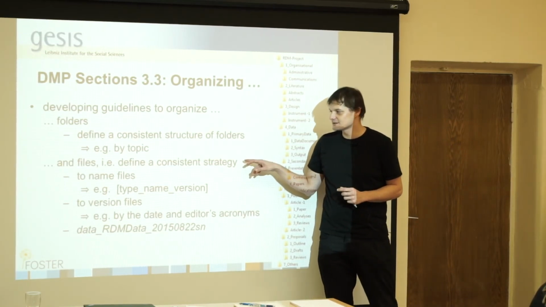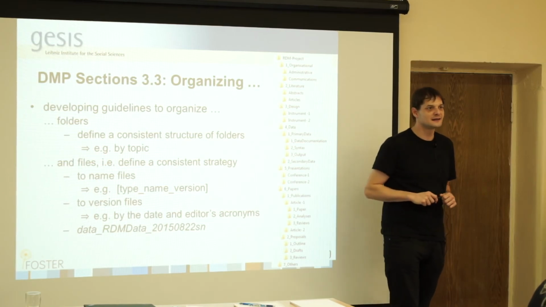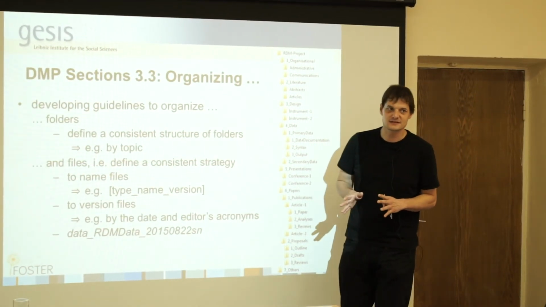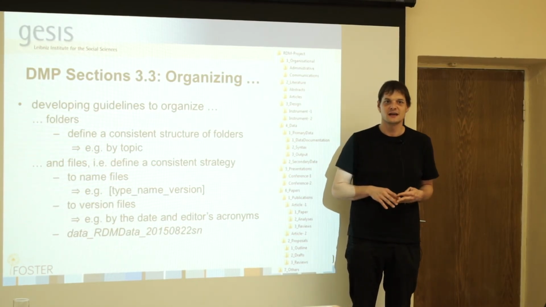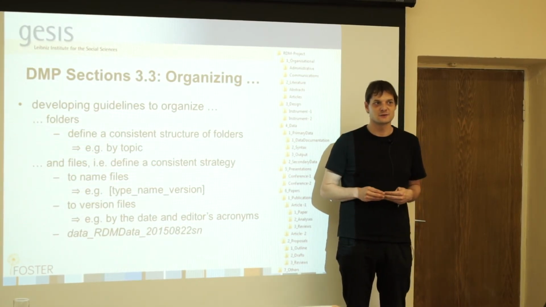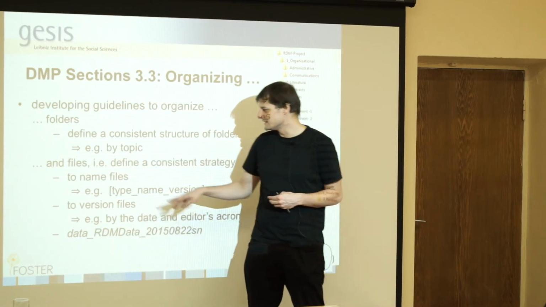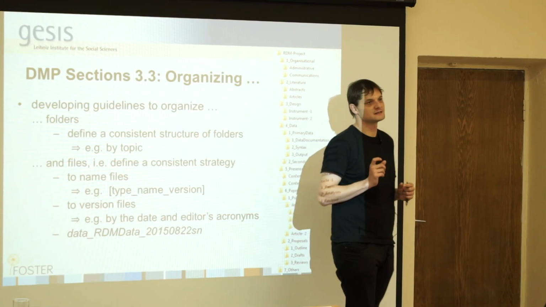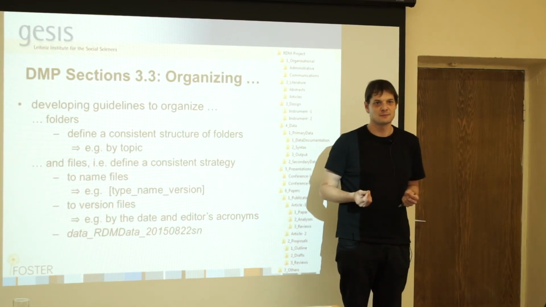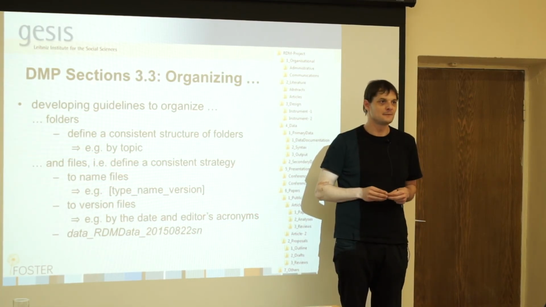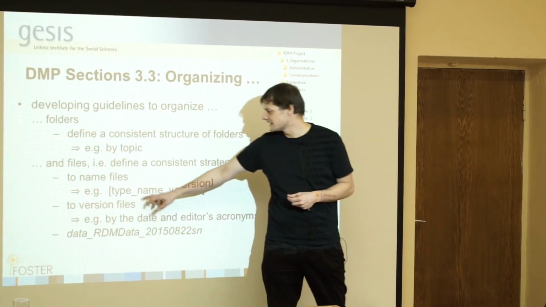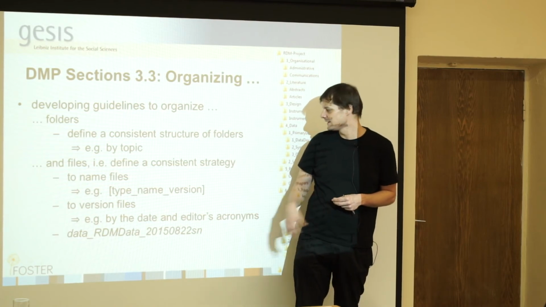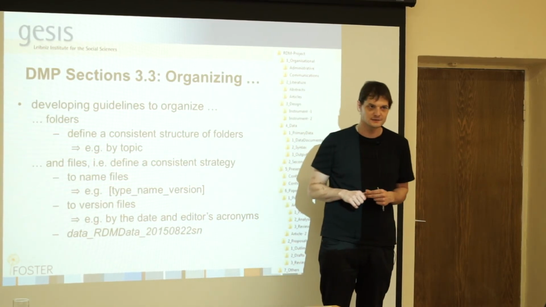In regard to managing file names and versions, these are just two examples, and as I mentioned earlier in this session, it simply depends on your individual preferences how you're going to do things. The idea here is simply to start the file name with the type of data stored in this file. So it might be a paper, a data set, a proposal or whatever. Then an underdash, the name of the file itself, and it depends on how you title your file, and an underdash with the version in it.